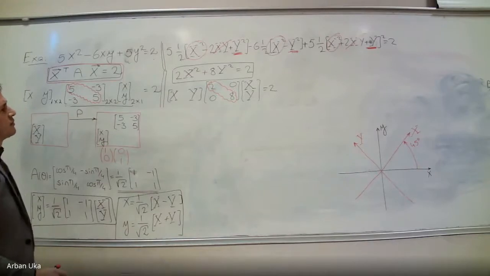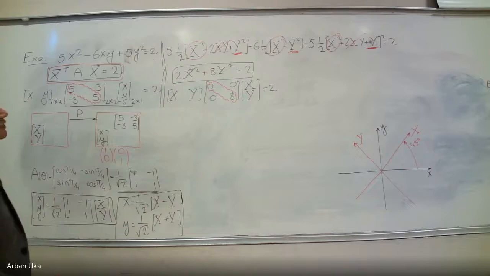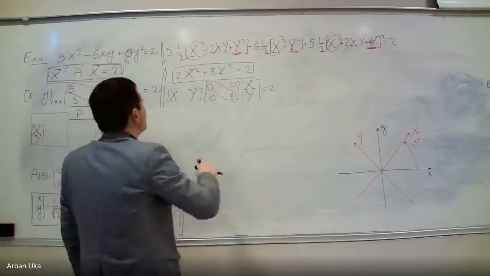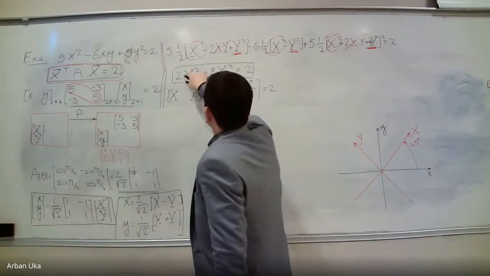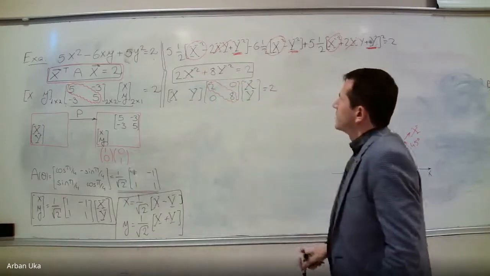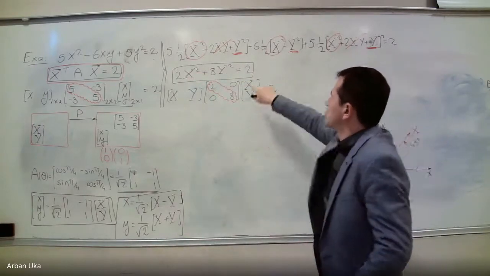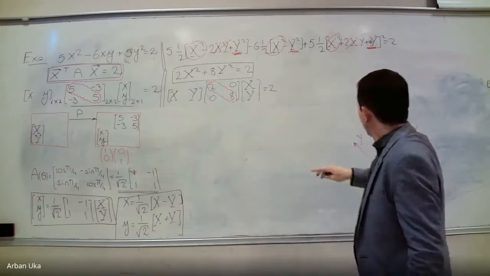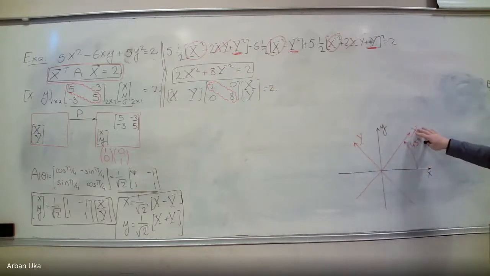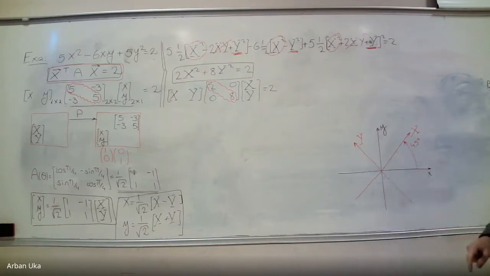So this is what we obtain, and what we can do next is see what the graph of this one is. It should be relatively easier for us to draw it in the new pair of axes, which is shown here in red color. So we have the capital X, we have the capital Y, and let's draw it.